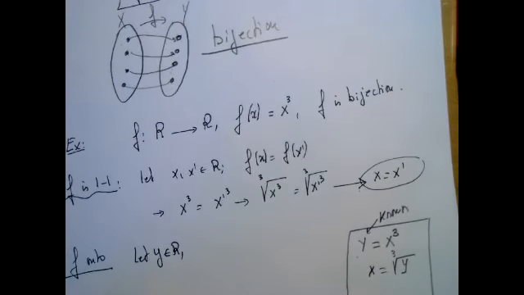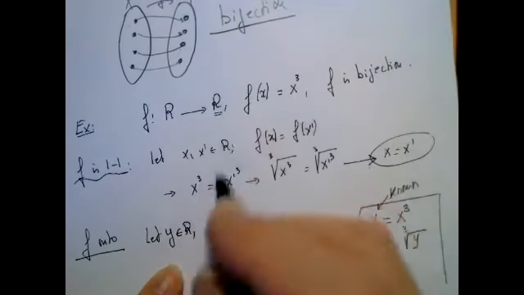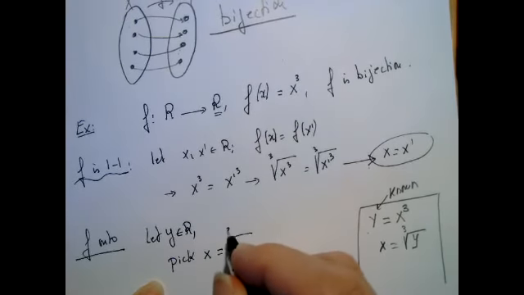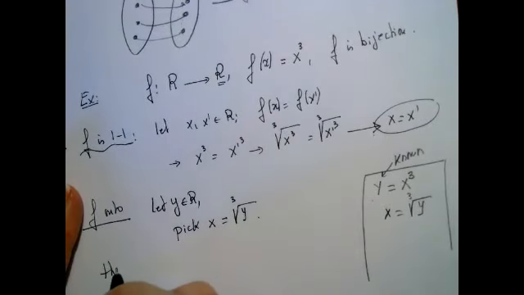But now how do I write it? We say, let Y be any element in R, an arbitrary element. Pick X to be, that's how we write it. I want an X. I say, let X be the cubic root of Y. Then I have to justify that my choice is correct.